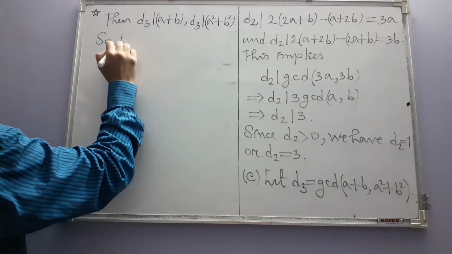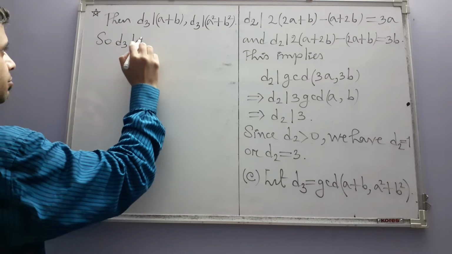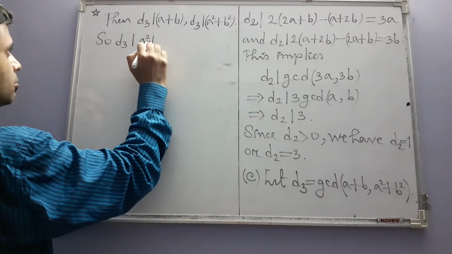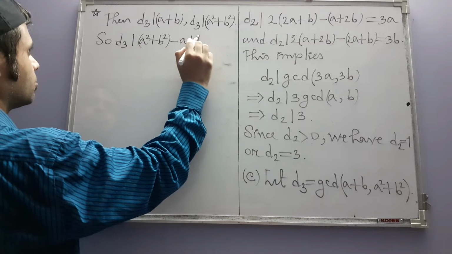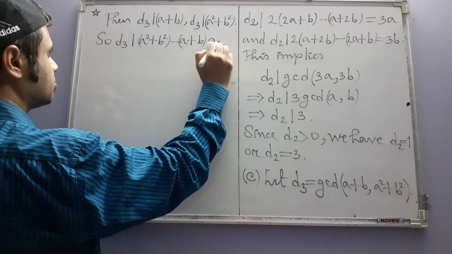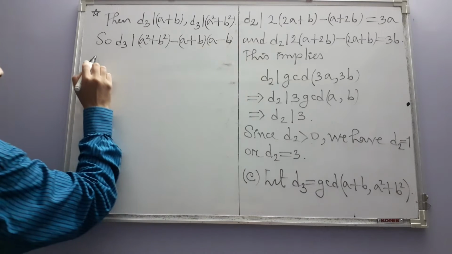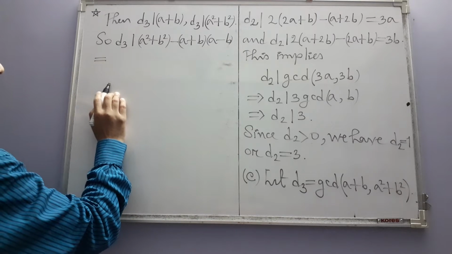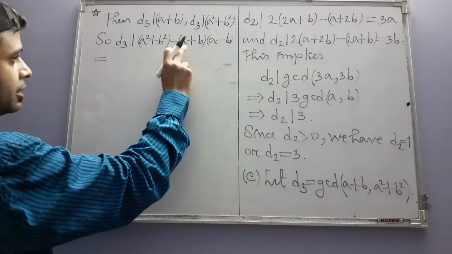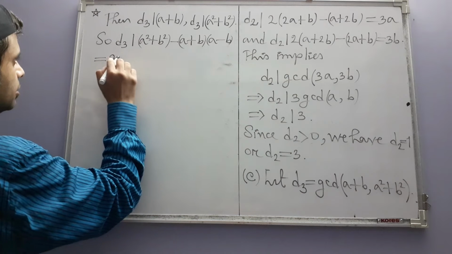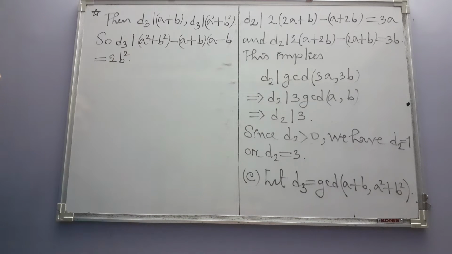So d3 divides a squared plus b squared minus a plus b times a minus b, which equals, this will be a squared minus b squared, that means minus a squared plus b squared, so we get 2b squared. Okay, but then what? Now d3 divides 2b squared.